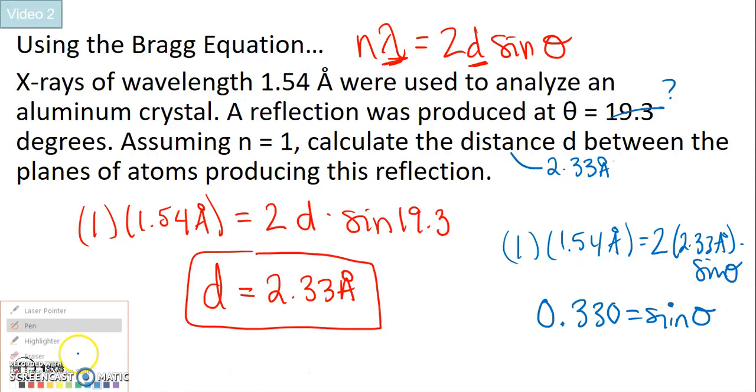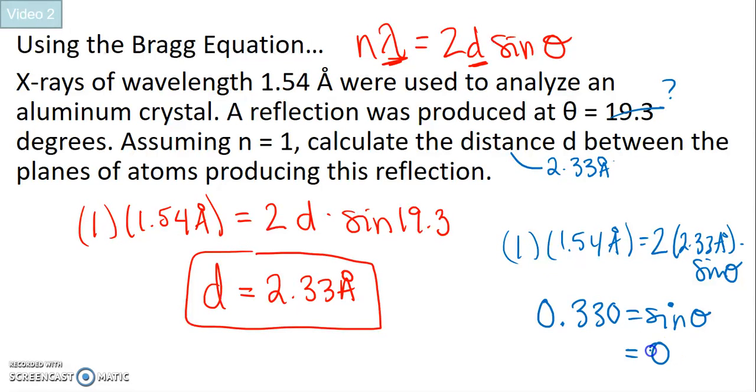Now remember, if you haven't used trig functions in a while, that if you want to figure out what theta is equal to, you're going to take the inverse of both sides. And so on your calculator, it's going to have a little inverse sine, sine to the -1 power, of 0.330.